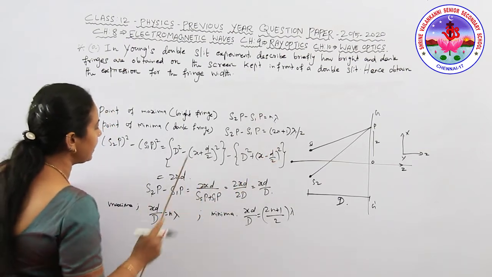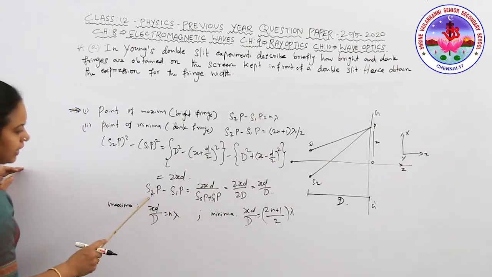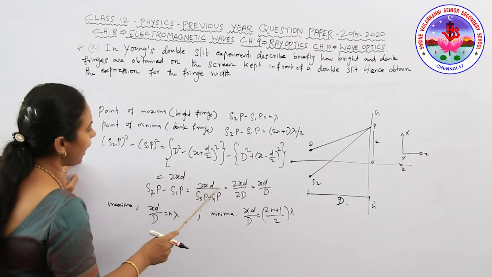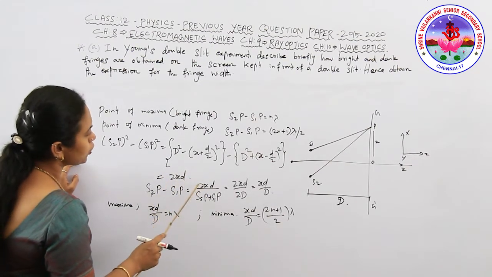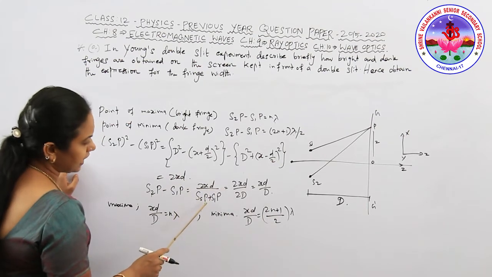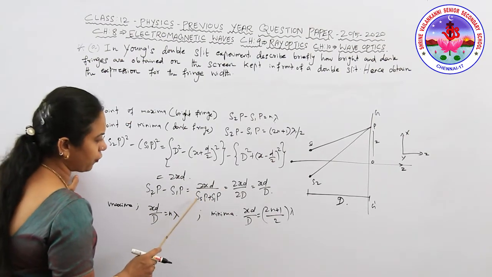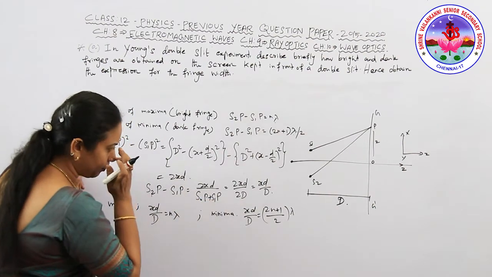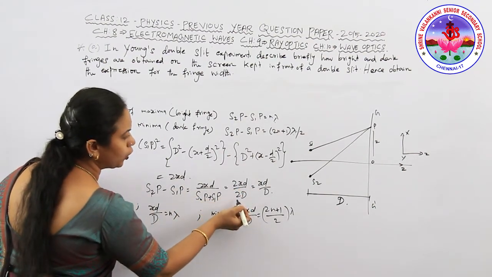By simplifying this, we will get S2P squared minus S1P squared equal to 2xd. So 2xd divided by (S2P plus S1P), which is approximately 2D.